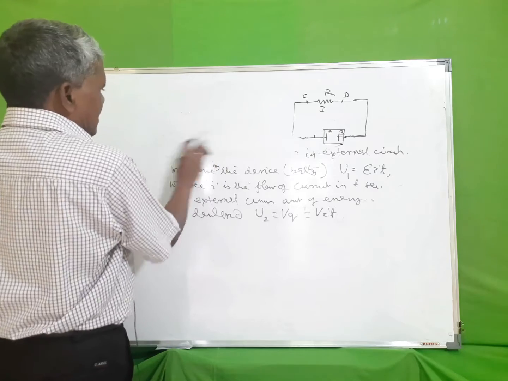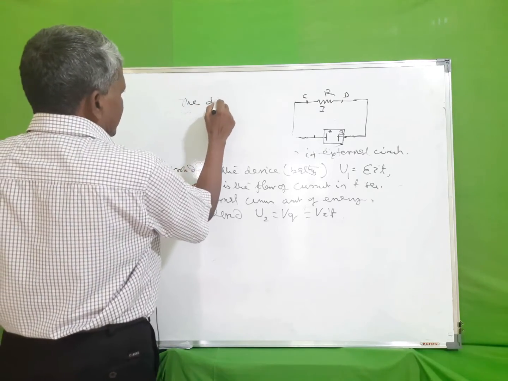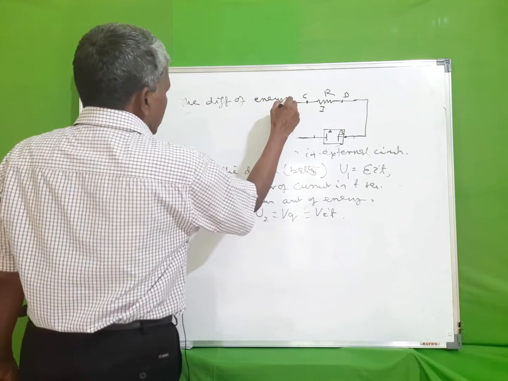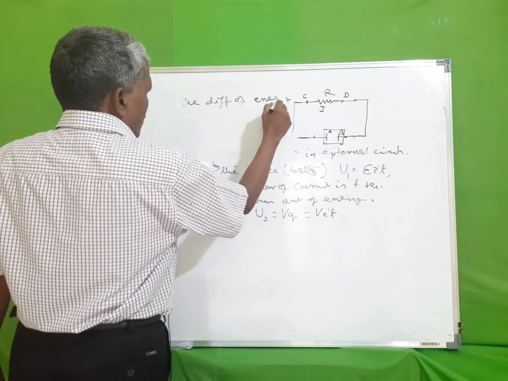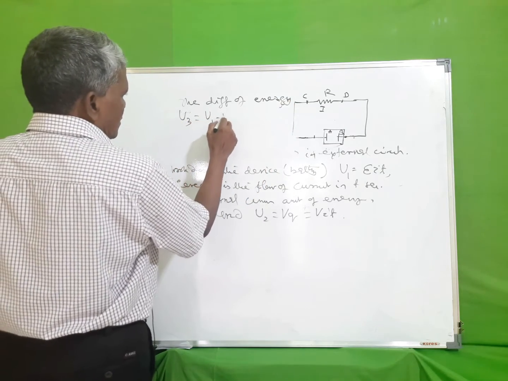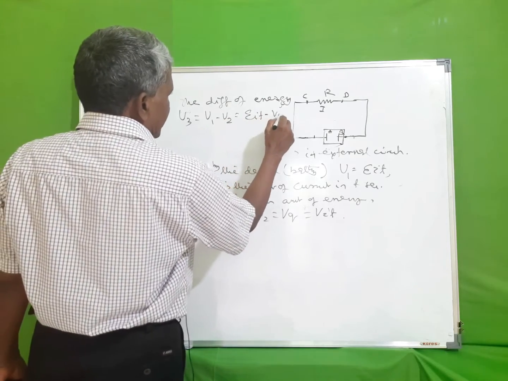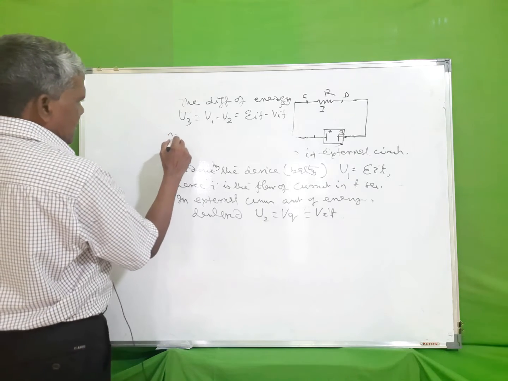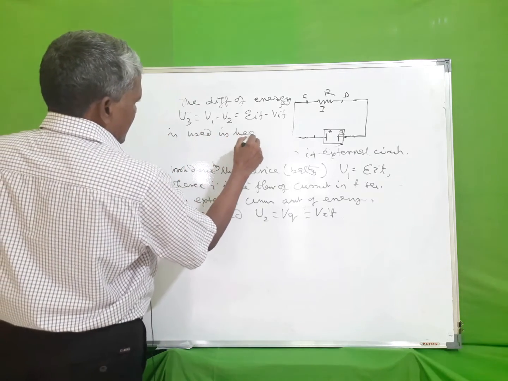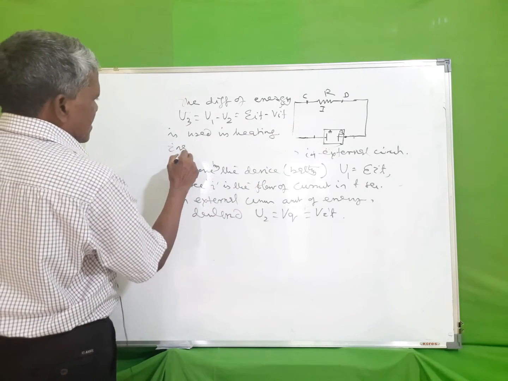The difference of energy U3 is equal to U1 minus U2, that is EIT minus VIT, and is used in heating inside the battery material.